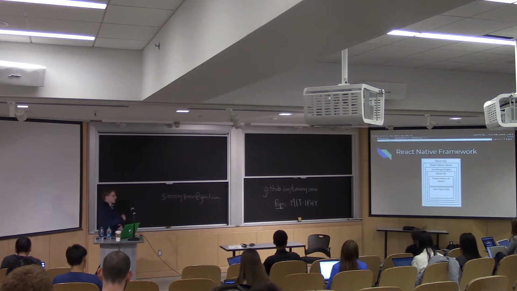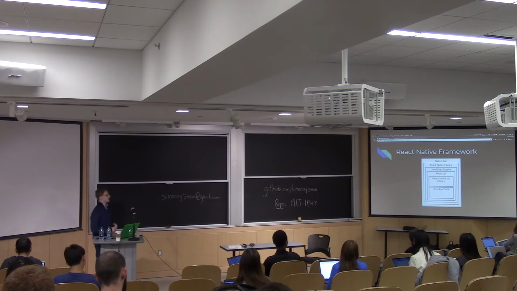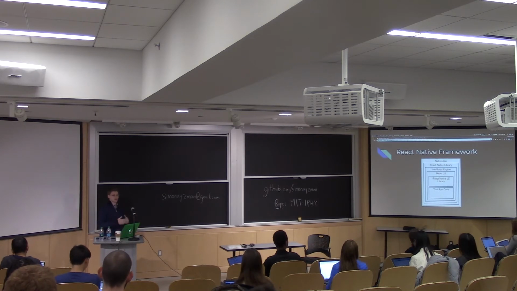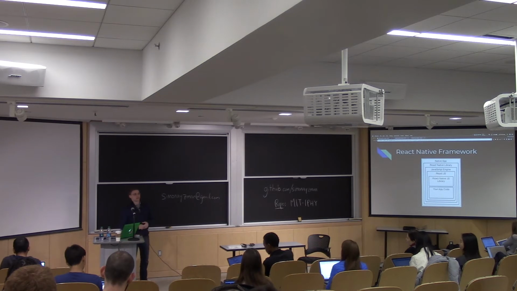The reason that this works, we're not even going to touch on how interesting and complicated this is, but at the very core, React Native utilizes the JavaScript core of iOS and Android, which allows you to write most of your code in JavaScript, but it's able to communicate with native components on that platform.